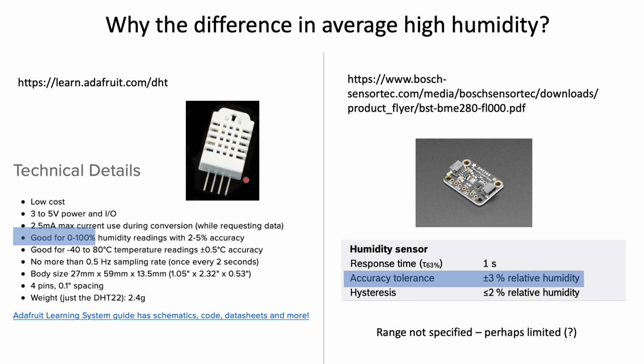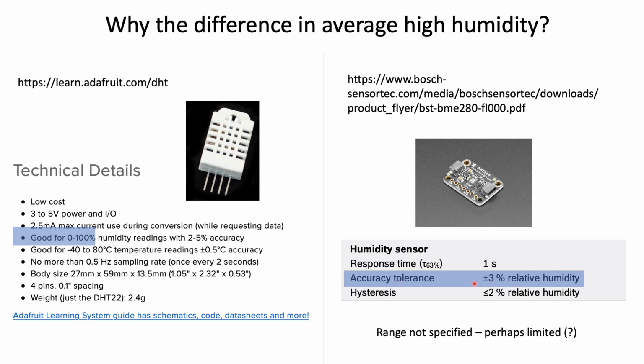So interesting results there. I was kind of interested in why there was a difference in average high humidity between these 2 sensors, so I went ahead and looked at the spec sheet. This one right here says that it's good for 0 to 100% humidity readings with a 2 to 5% accuracy. So here I've actually got a range that's specified in the specifications. On this one, there's no range specified. I'm only given basically the accuracy tolerance for this one.